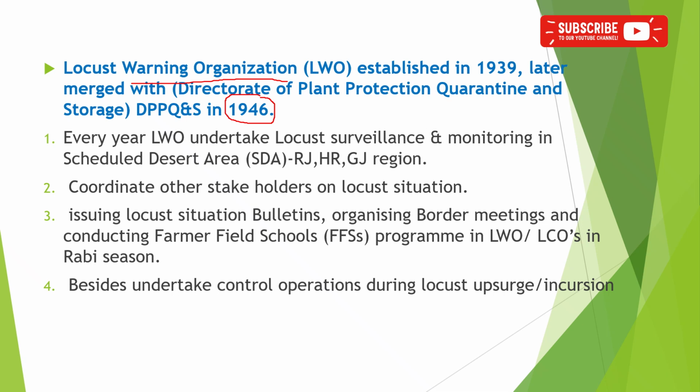The main function of this organization is to conduct locust surveillance as well as monitoring in the scheduled desert area, especially in Rajasthan, Haryana and Gujarat, and to coordinate with stakeholders during locust swarming situations. It also issues locust situation bulletins, organizes border meetings, and conducts farmer field school programs in the Rabi season.